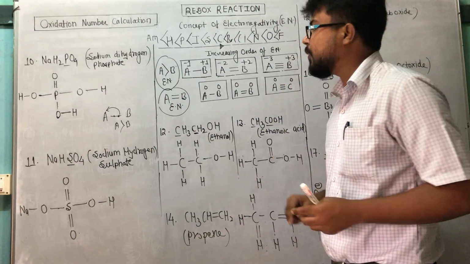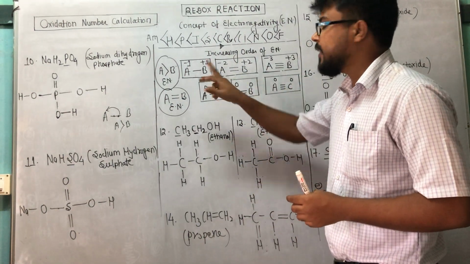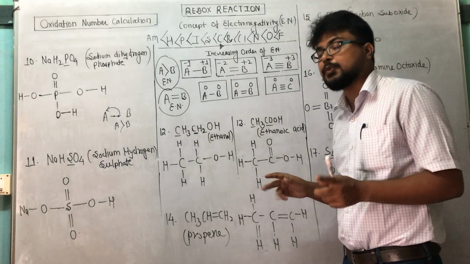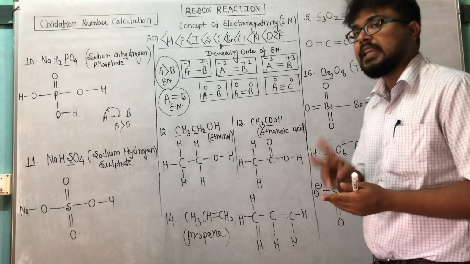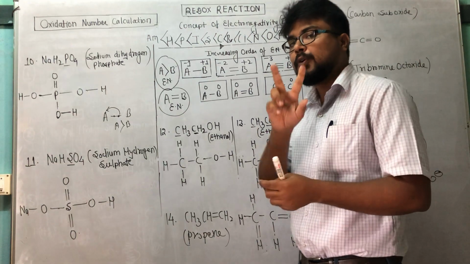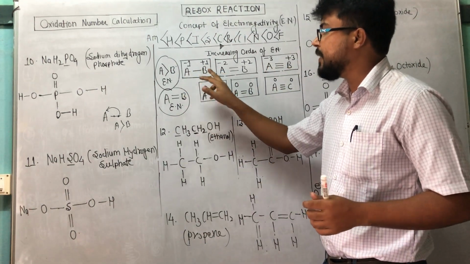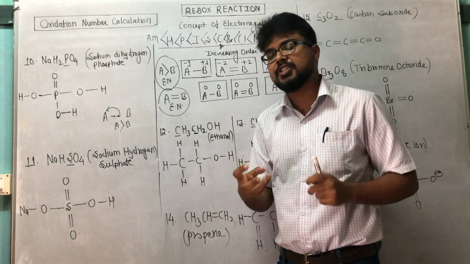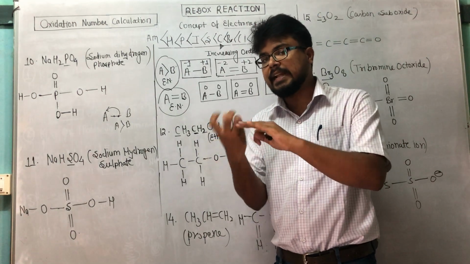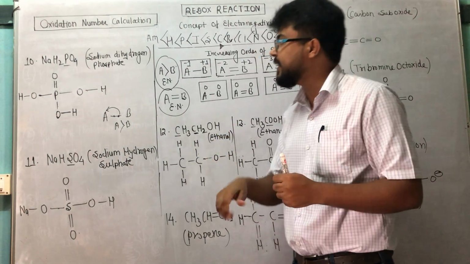There are single bond, double bond, triple bond, or we can say covalent bonds. Each covalent bond, in a single bond it is 1, in a double bond it is 2, and in a triple bond it is 3. Each covalent bond contributes 1 unit charge. Means for A and B it will be 1 unit charge, but one side it will be positive and one side negative.